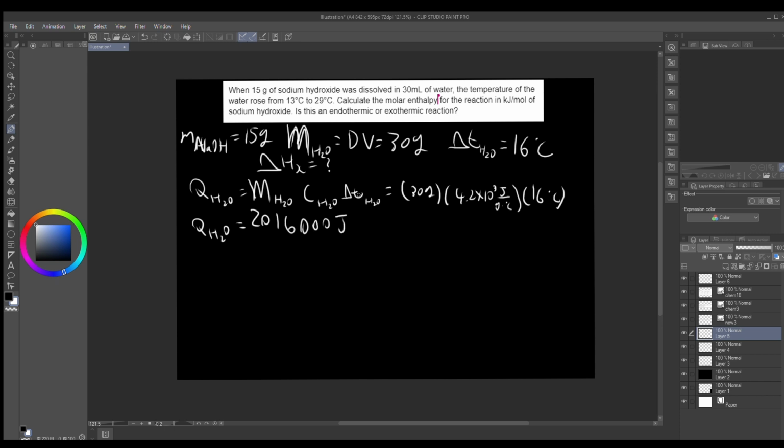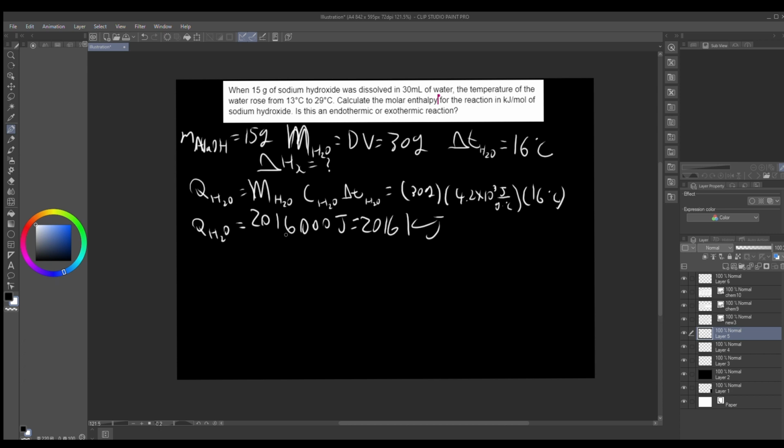joules. But to make it easy, let's convert it to kilojoules right away, since they want the answer in kilojoules per mole. So 2,016,000 divided by 1,000 gives you 2,016 kilojoules.